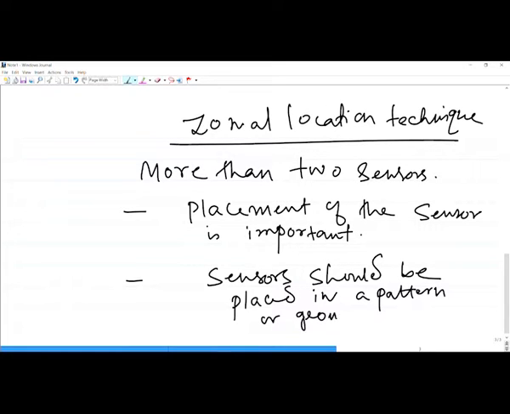Or in some geometric shape, so that you know how exactly the sensors are placed and what is the distance between them and so on. Okay. For example, 3 sensors can be placed in a triangular fashion.